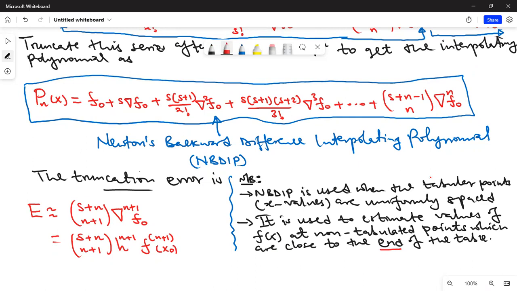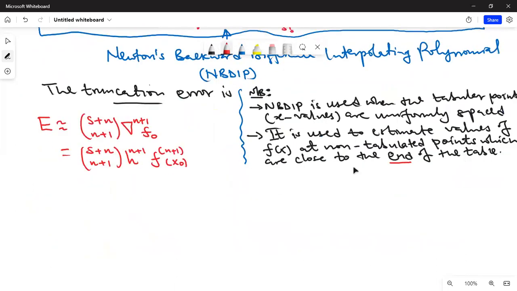We are reading them along a line that was sloping upward. And so that's why we need to predict only values that are very close to the end of the table. I will explain that in the example. So we have derived the formula for Newton backward difference interpolating polynomial. Now let's answer the question.